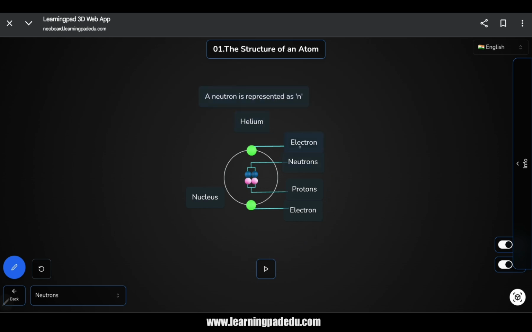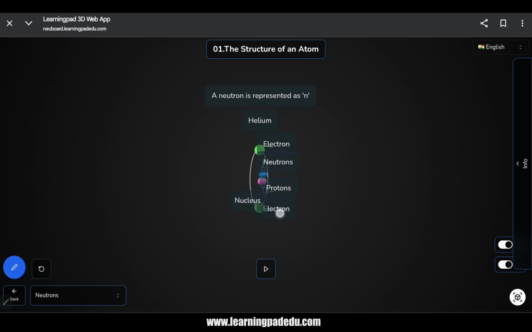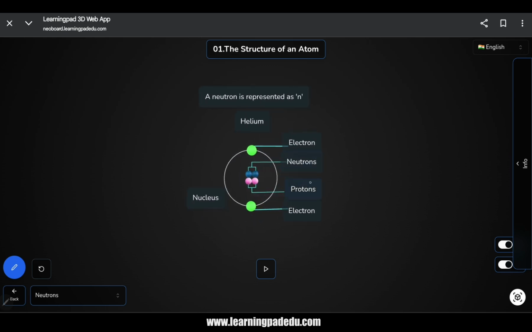Now, here is the structure of the helium atom. In this helium atom, you can see the upper green ones are two electrons, right? Then the blue ones are two neutrons and the two pink ones are protons. So, altogether, helium atom has two electrons, two protons and two neutrons.